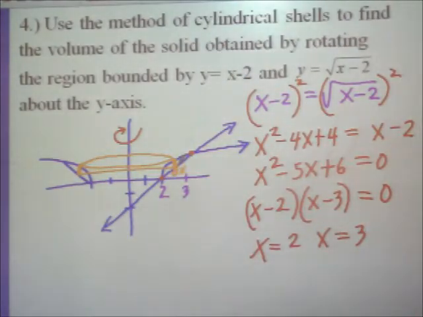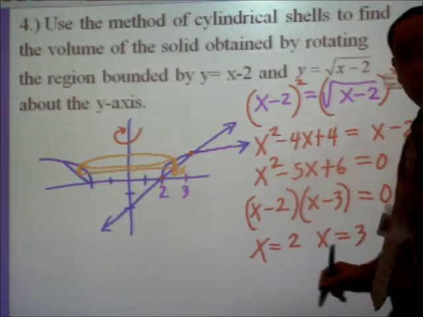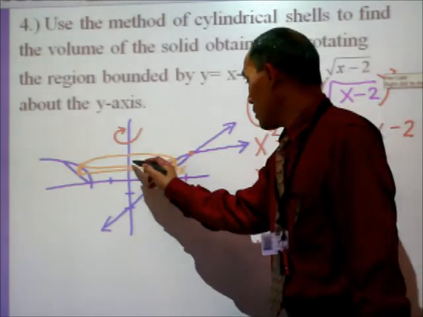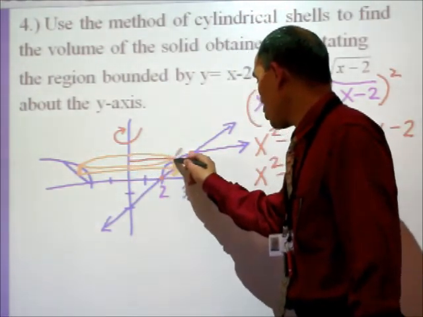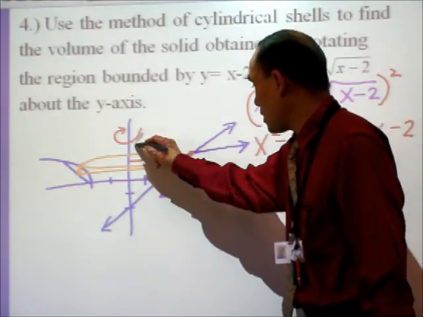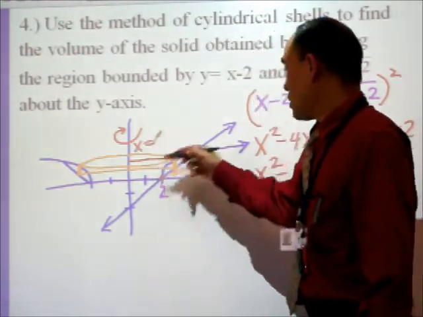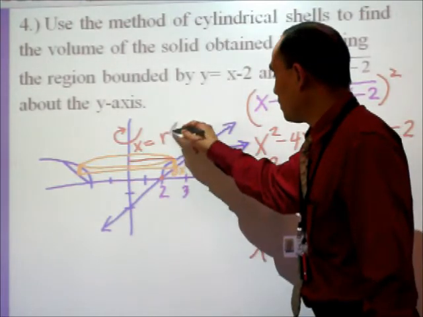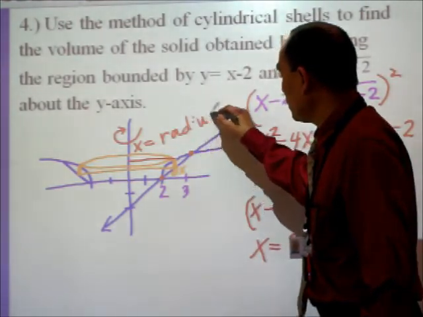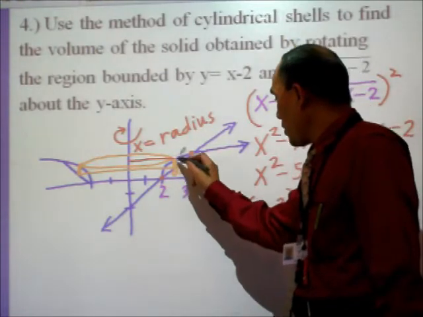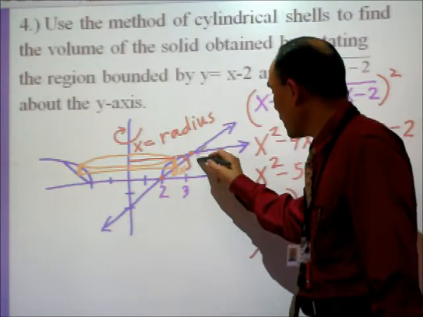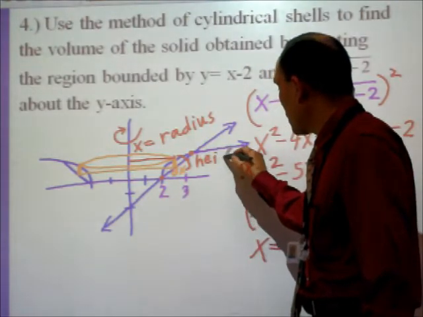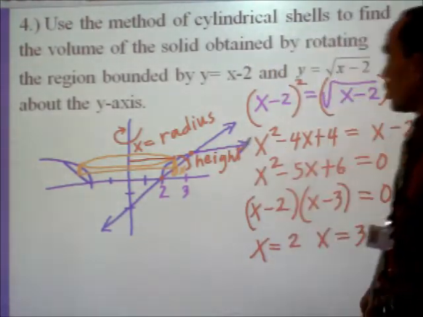Looks like that. Now, our next question is, what will be the radius of this shell? The radius, of course, from the axis of rotation to that point, that is now the radius, which is actually x. And this, from here to here, we call the height of our cylindrical shell.